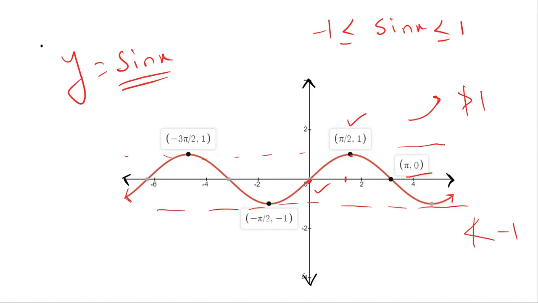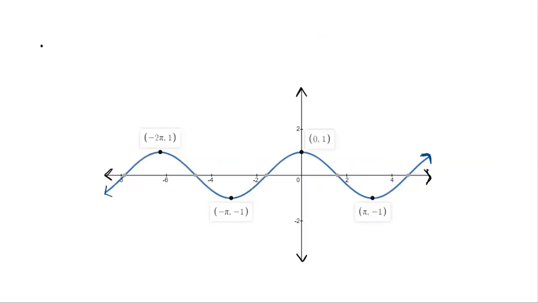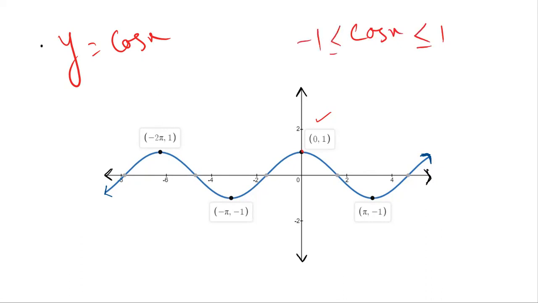And same way, for the cos graph also, you have to remember, this is the y equal to cos x graph. Same as sine, the graph of the cos function always lies between 1 and -1, right?